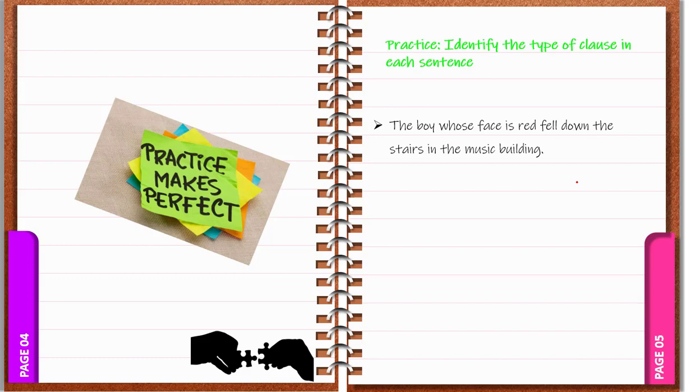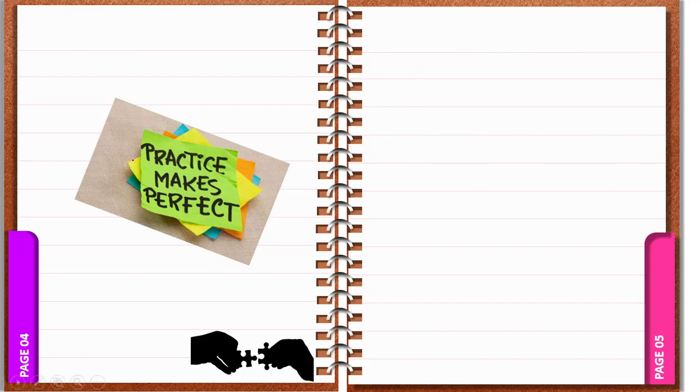In the first sentence, the boy whose face is red fell down the stairs in the music building. Write down your answer. Okay. Now, simply identify the type of clause in each of these sentences.